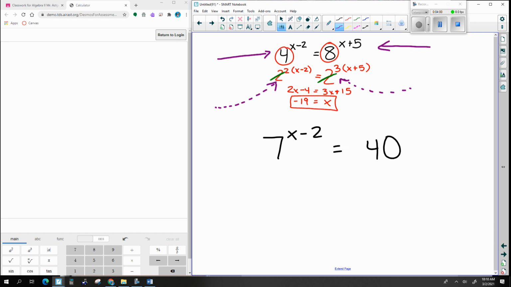Not a big deal. What I'm going to do is write it as a log. I'm going to take this and turn it into a log problem. I know it's been a couple assignments, but I see that the base is 7, so this is log base 7.